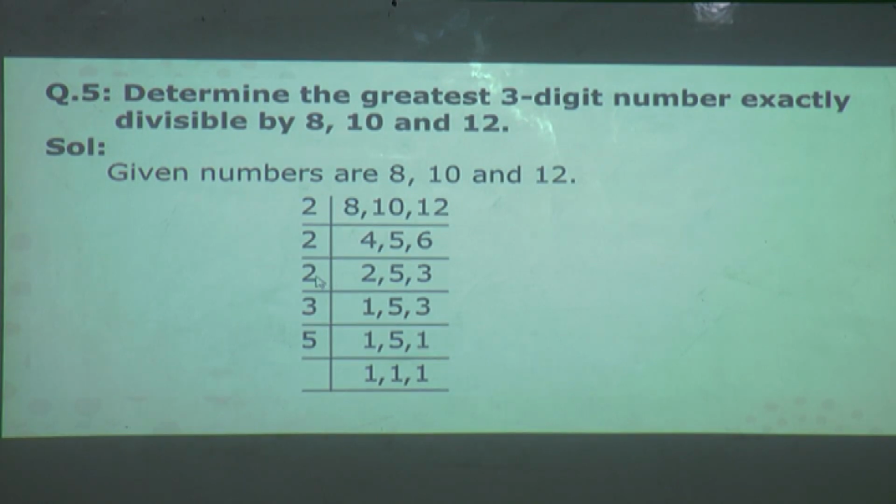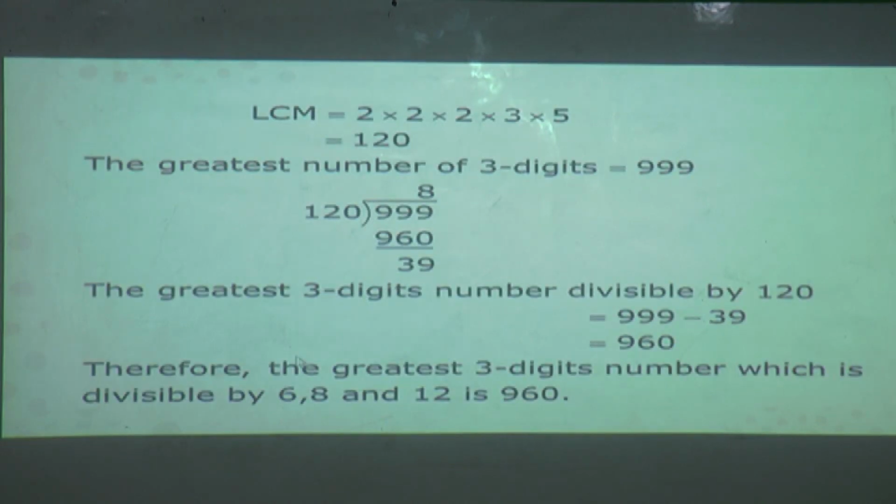Let us take 2 again, 2 1s are 2 and 5 and 3 as it is. Now we will take 3, 3 1s are 3 and 1 and 5 as it is. Now we have only 5, so we will take 5, 5 1s are 5. At last we got 1 1 1. So LCM is 2 into 2 into 2 into 3 into 5 is 120.